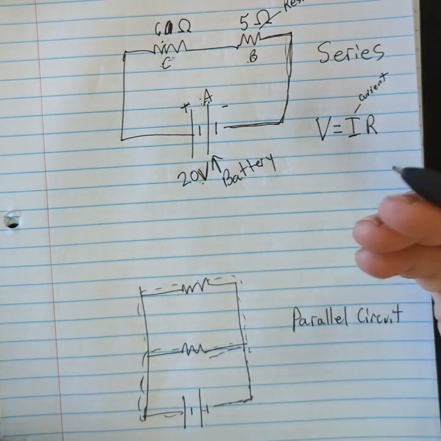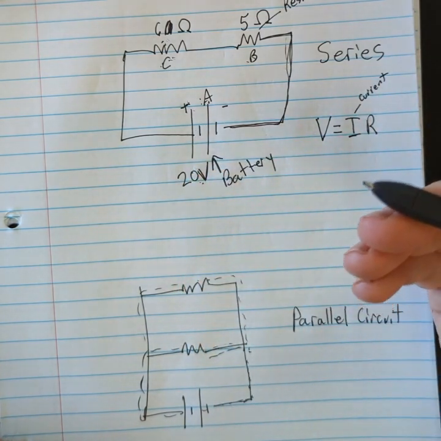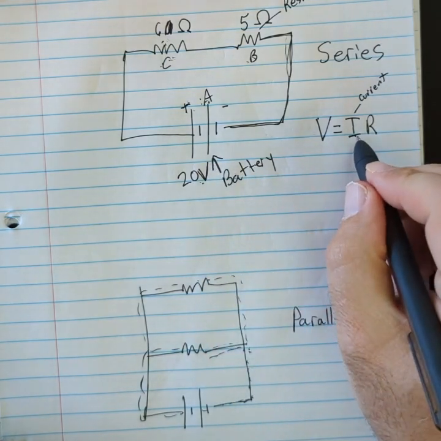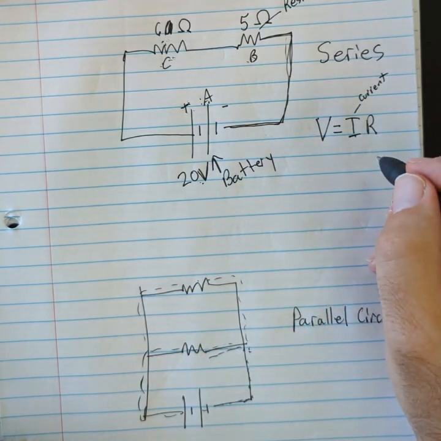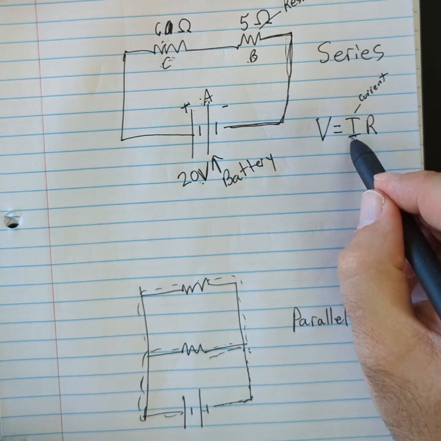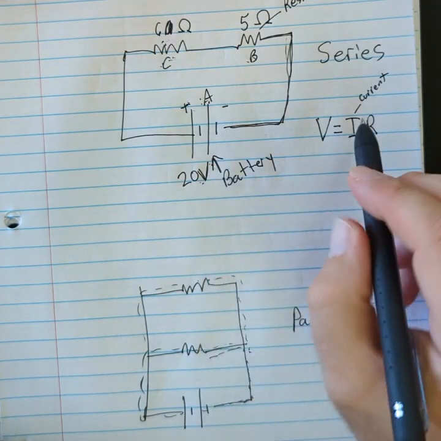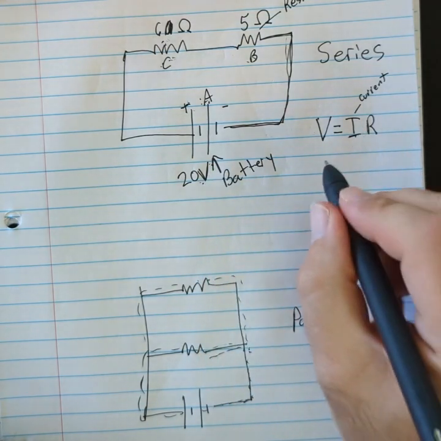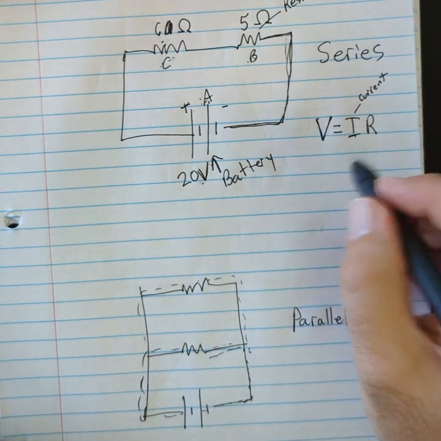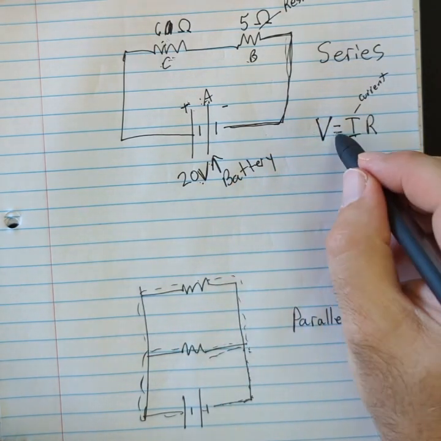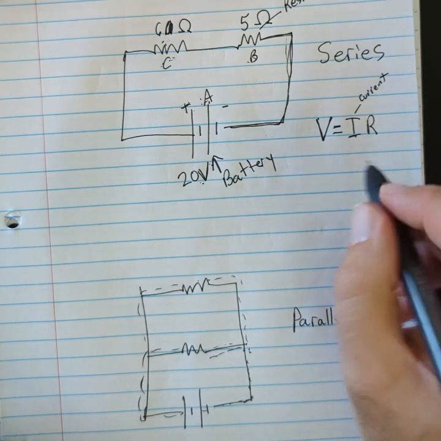It's how likely the electrons are to flow, right? Current is the actual flow of electrons. So it's not the voltage that kills you, it's the current. Hopefully you'll never be electrified or even shocked, but it's the current that gets you.